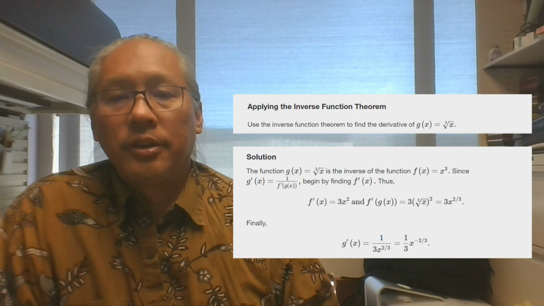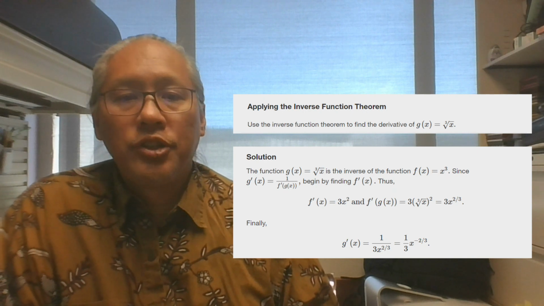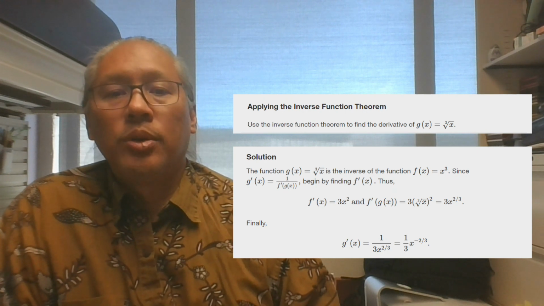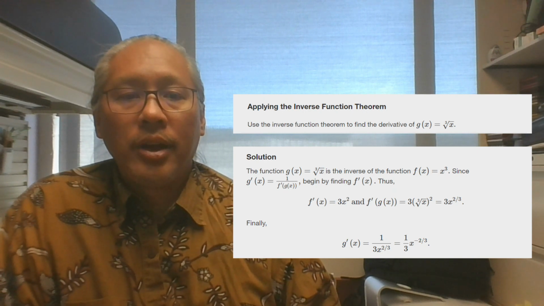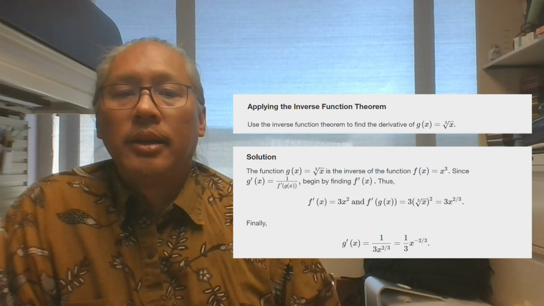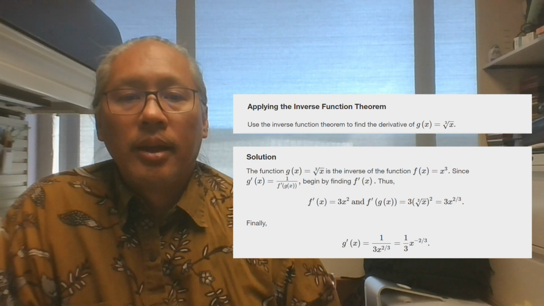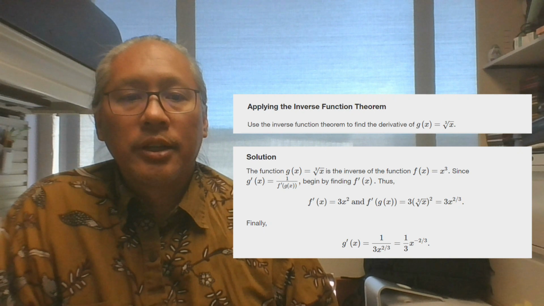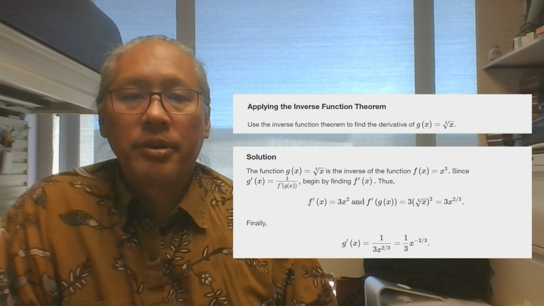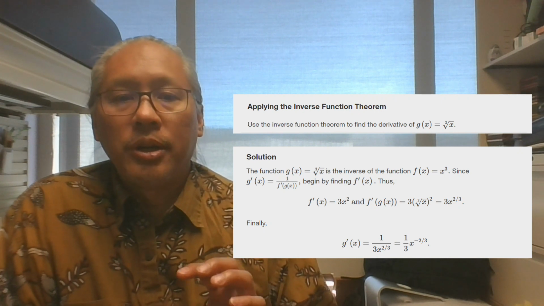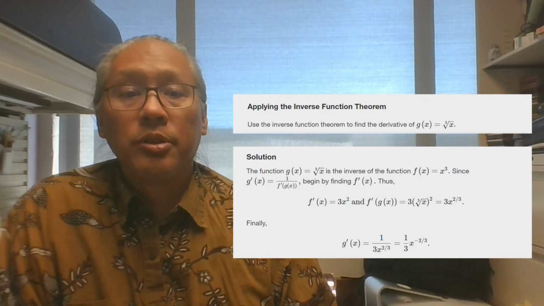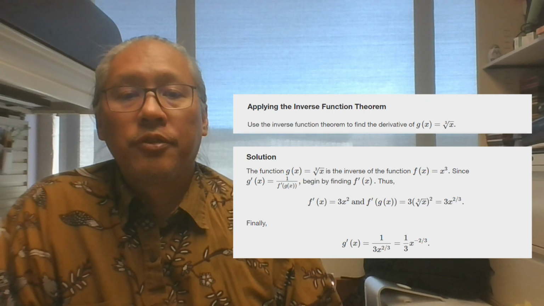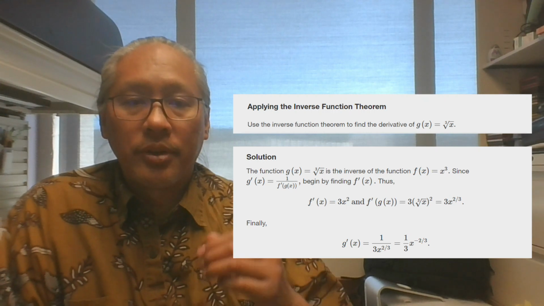According to the inverse function theorem, the derivative of g is going to be 1 divided by the derivative of f evaluated at g of x. If we take the derivative of x cubed, that's going to be 3x squared. Then we put in g of x, which is the cube root of x, into the derivative that we just got.